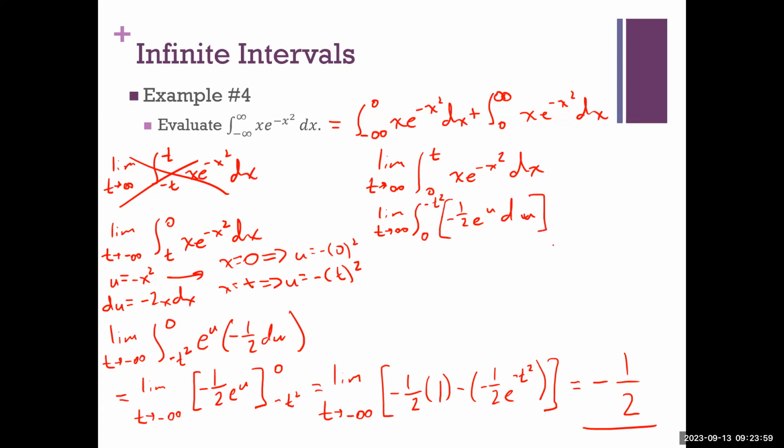So it looks almost identical to what we just did, except the bounds are reversed. So the limit as t goes to infinity of negative 1/2 e to the negative t squared minus negative 1/2 e to the 0, which is 1. So that's going to come out to be what? 1/2? Okay.